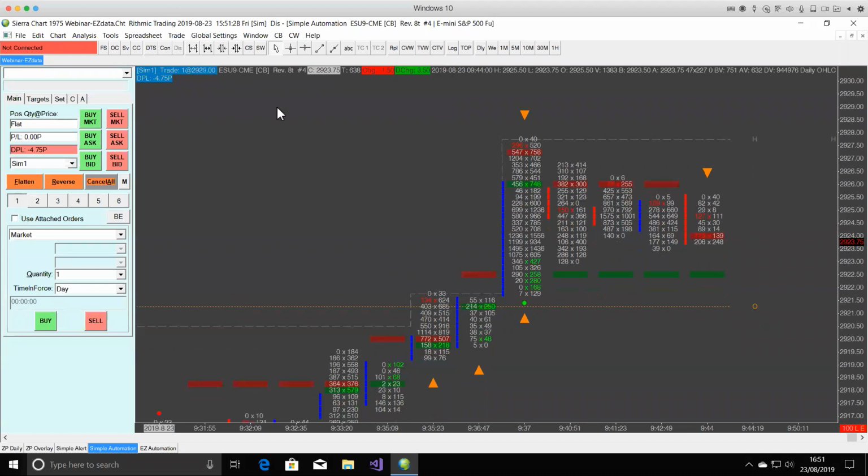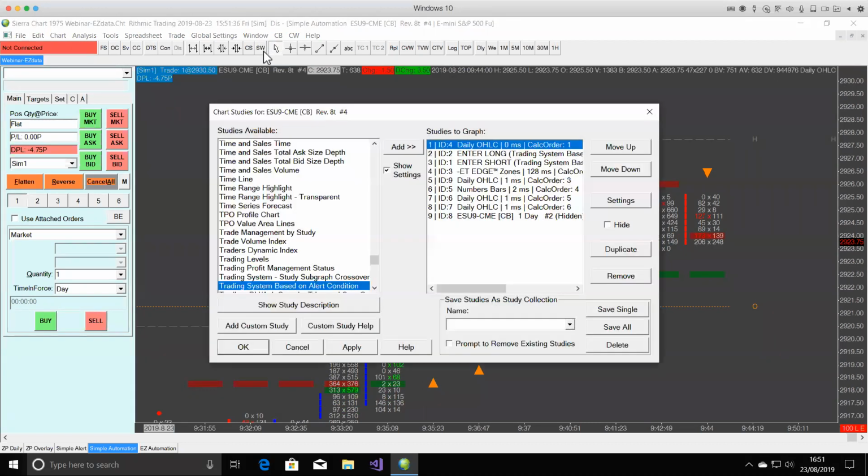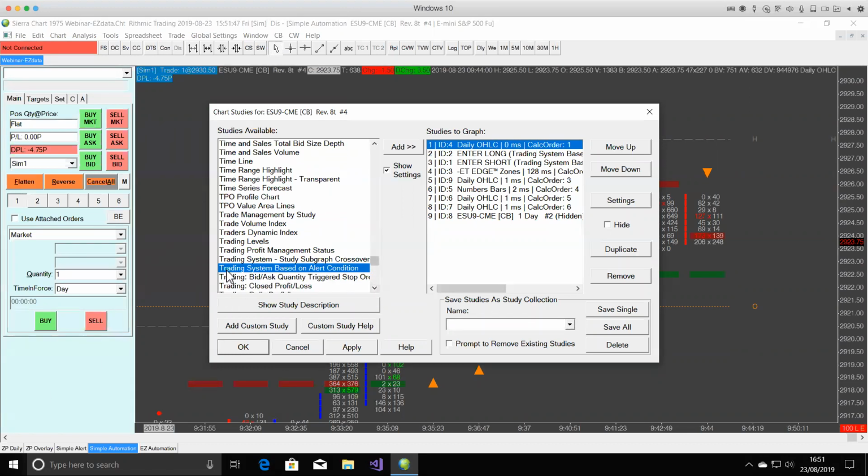Now, with that, I can start to make use of another built-in Fiera Chart study for automated trading. Fiera Chart has got various ways of doing automated trading. There's a spreadsheet system for trading that lets you build some pretty clever formulas. But there's a neat little study called trading system based on alert condition.